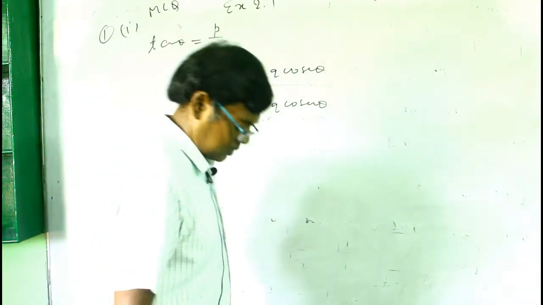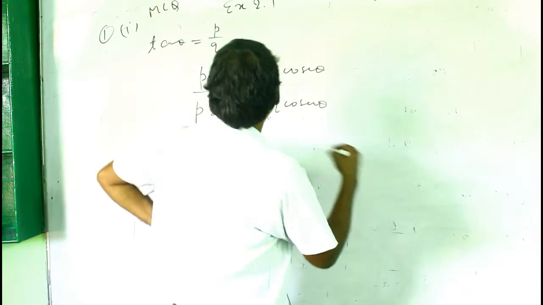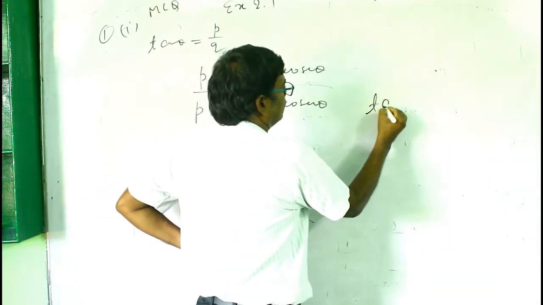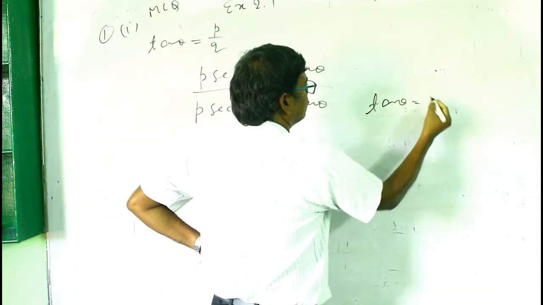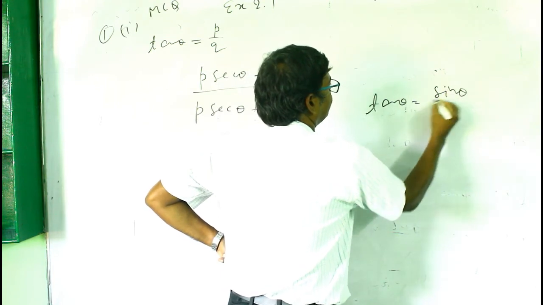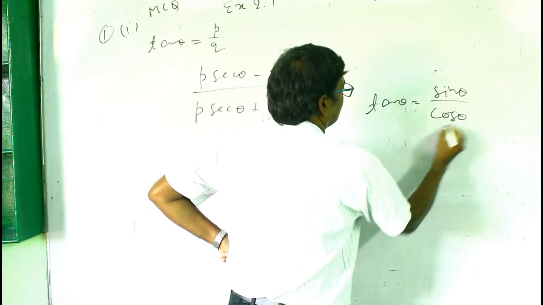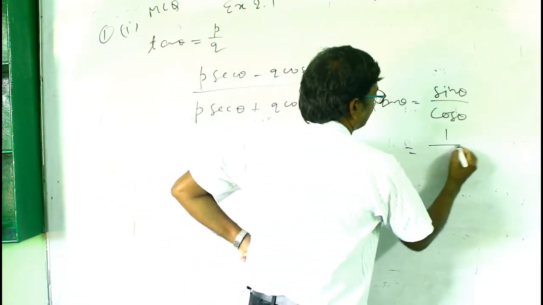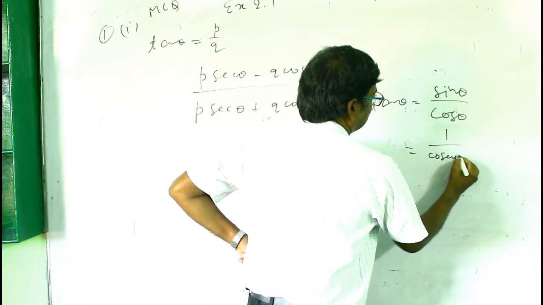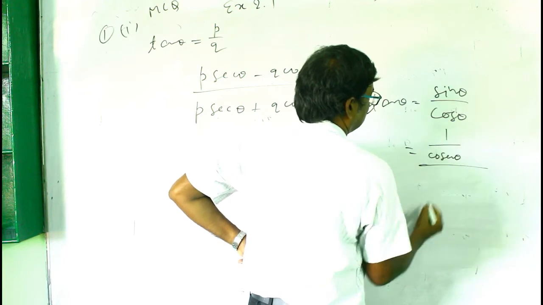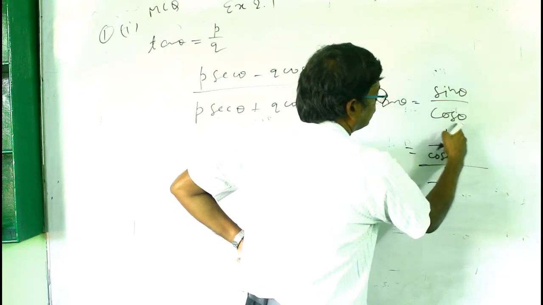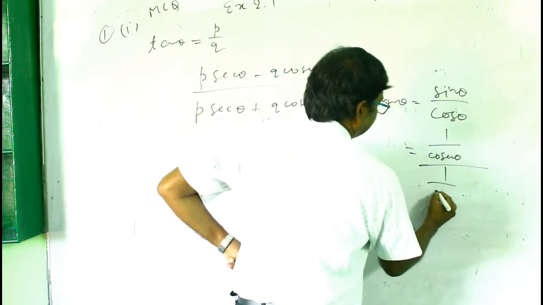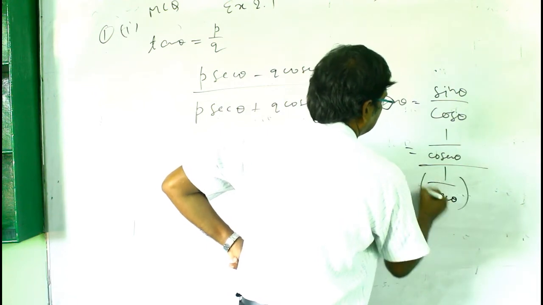Here I have written the formula for tan theta equal to what? Tan theta equal to sin theta by cos theta. And you know that sin theta equal to 1 by cosec theta, and divided by cos theta equal to 1 by sec theta, like this.